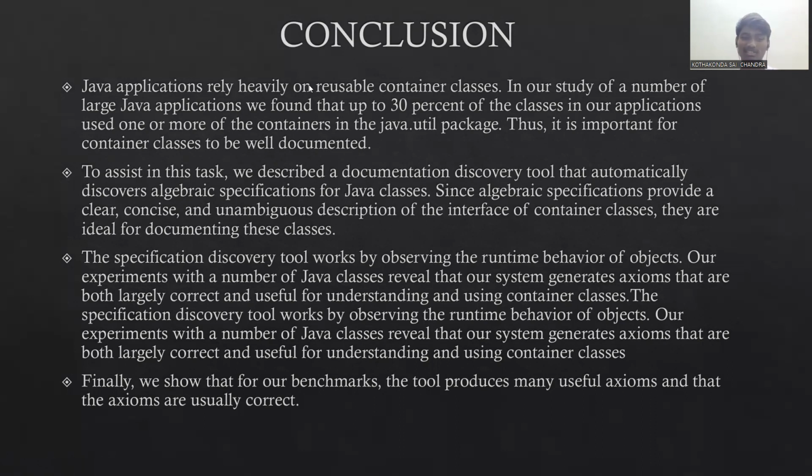To assist in this task, we described a documentation discovery tool that automatically describes algebraic specifications of a Java class, and since algebraic specifications provide a clear, concise and unambiguous description of the interface of container classes, they are ideal for documenting these classes.